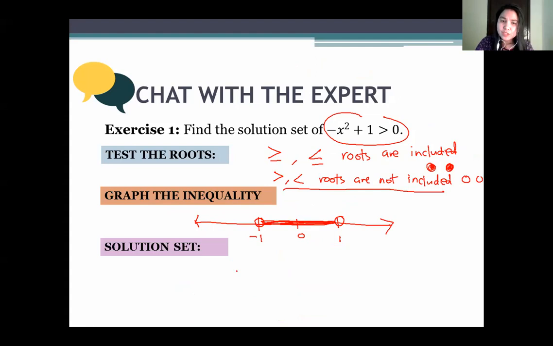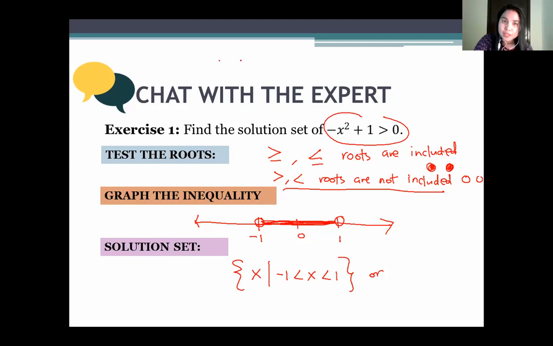Then how do we write the solution set? We say x such that, we go back. How do you write the middle? -1 is less than x. x is between -1 and 1. Or here's another way to write the solution set.